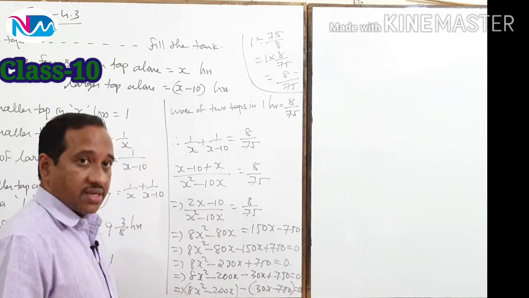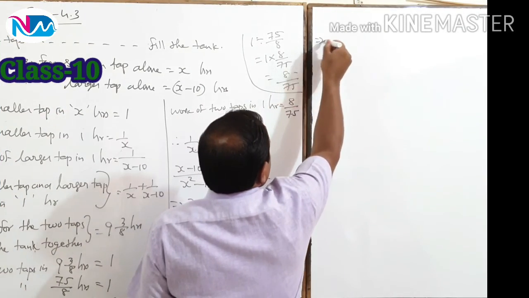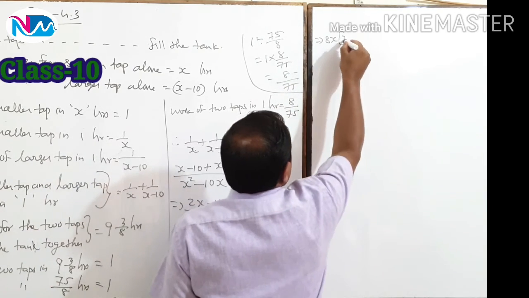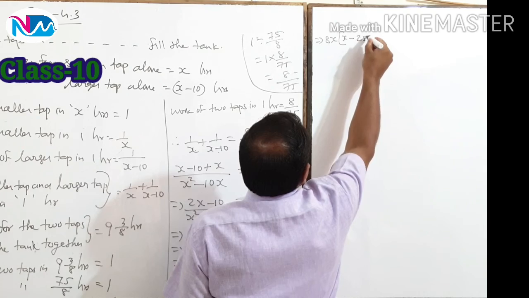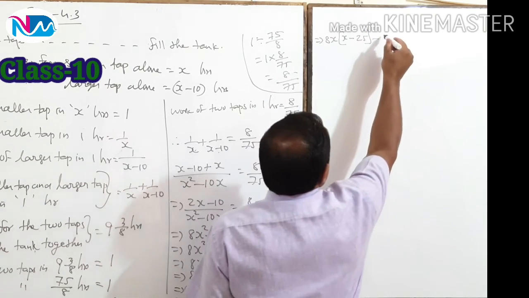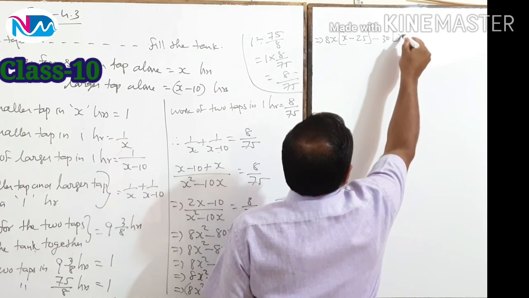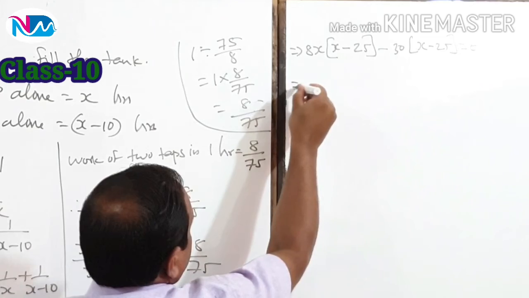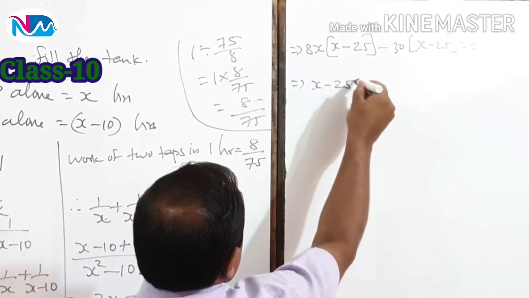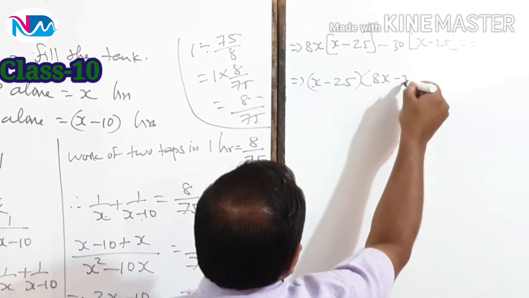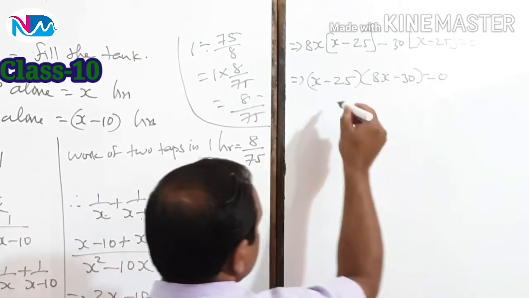From the first group we can take 8x common, that is 8x into x minus 25. Then from the last two we can take 30 common, 30 into x minus 25 is equal to 0. That gives x minus 25 into 8x minus 30 is equal to 0.